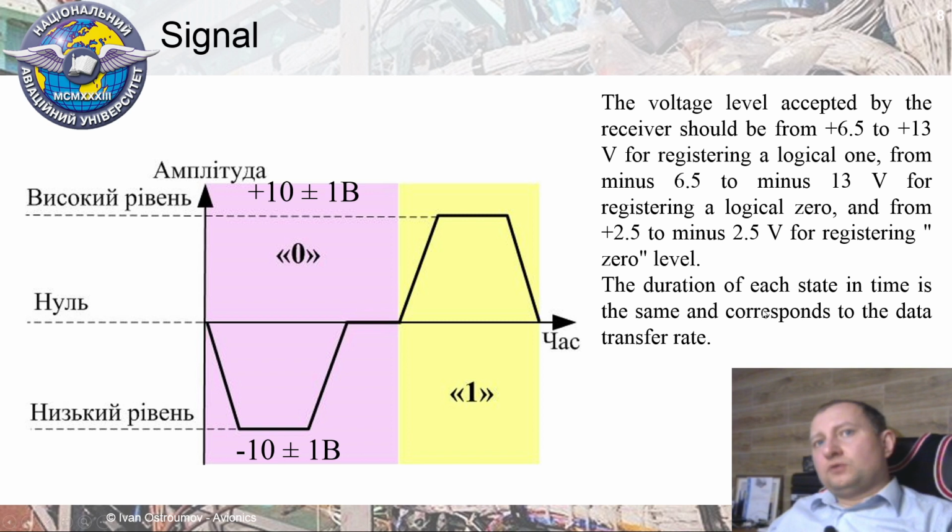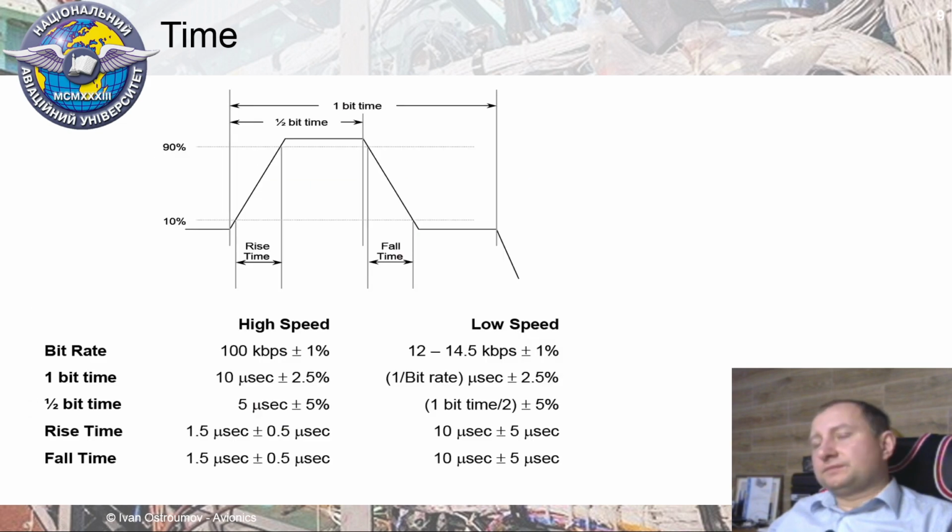The duration of each pulse, or duration of each bit of data, is connected with bit rate. If we talk about the 100 kilobits data transferring mode, 1 bit time includes 10 microseconds.